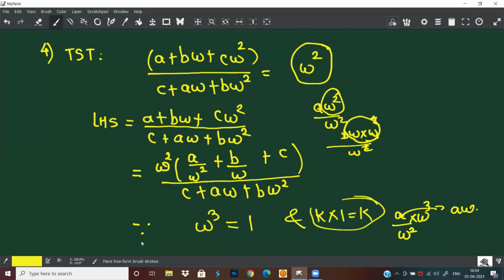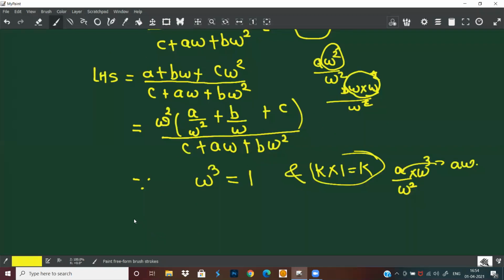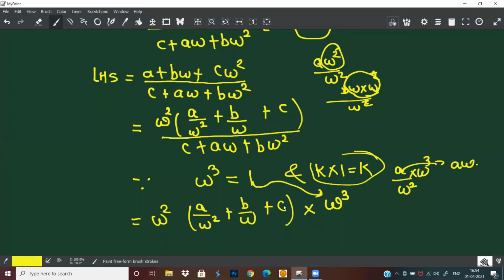So ये अगर मैं LHS का ये जो numerator का bracket है, a upon omega square plus b upon omega plus c, इसको मैं omega cube से multiply करूं because it is 1. Correct? Otherwise I was not in a position to do it. But omega cube is 1, so I'm multiplying by 1, so I don't have to multiply numerator and denominator both. Okay? Understood?